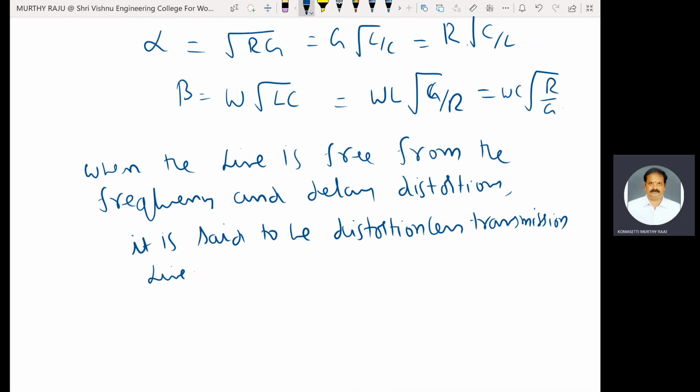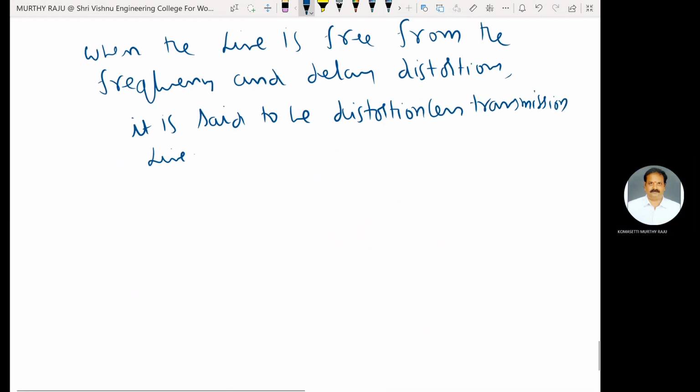That is, the line is distortionless when the attenuation constant is independent of frequency and the phase constant depends linearly on the frequency.